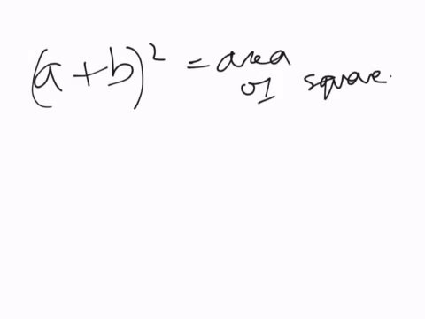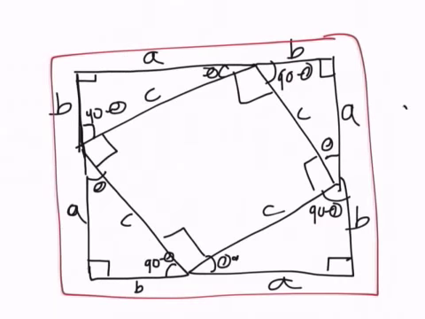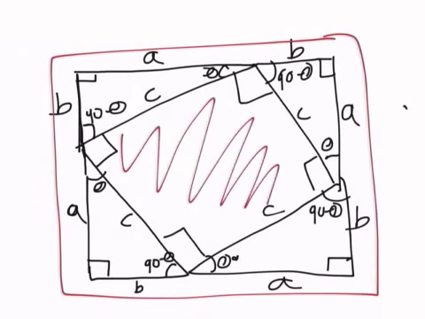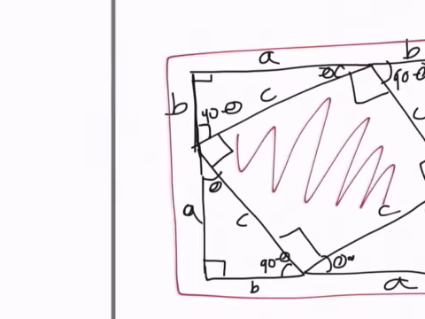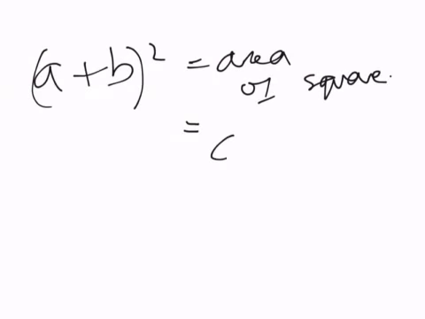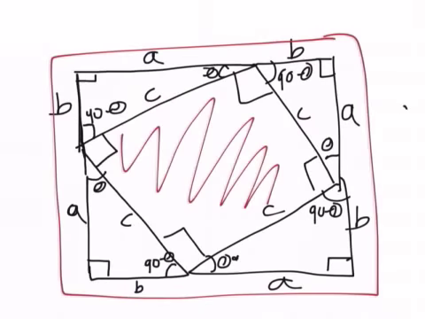The area of the square also equals, I can do it a different way. I can find the area of this little square, that will be C squared, plus the area of these 4 triangles.